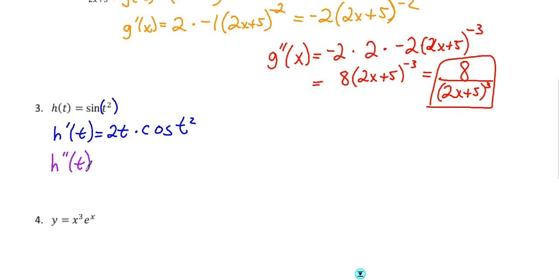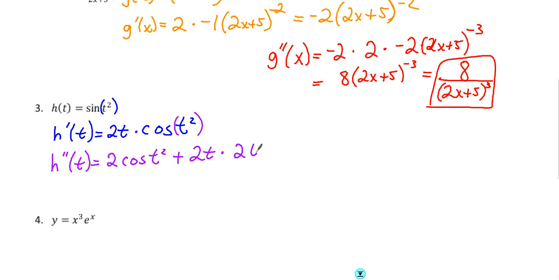Now that I'm taking the second derivative, and you can see right here I have this multiplication, so here again I have product rule. I did chain rule and now I have a product rule that I have to do. So derivative of the first, derivative of 2t is 2 times the second, cosine t squared, plus the first times the derivative of the second. So here I got to do chain rule because again this is inside.